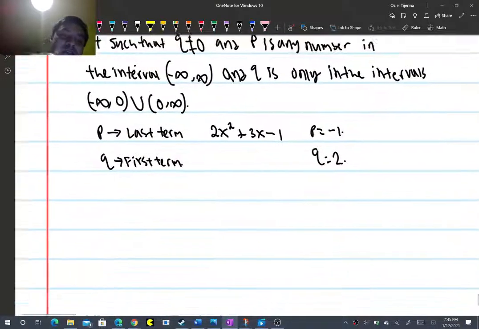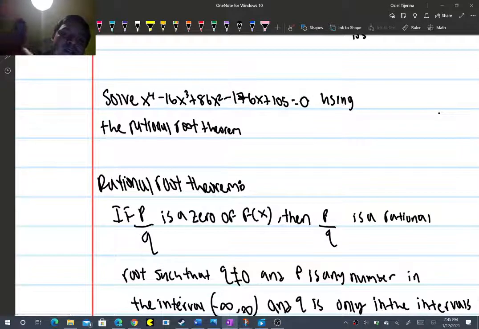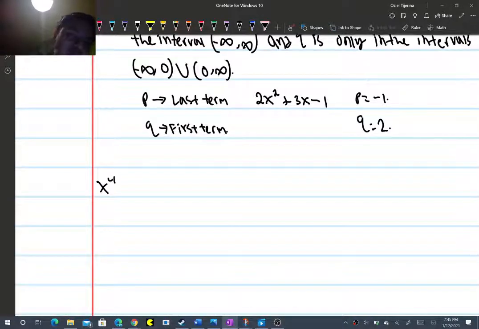We would have to go over some examples to know how to do this. So looking at this example, we have x to the fourth minus 16x cubed plus 86x squared minus 176x plus 105 equals 0.